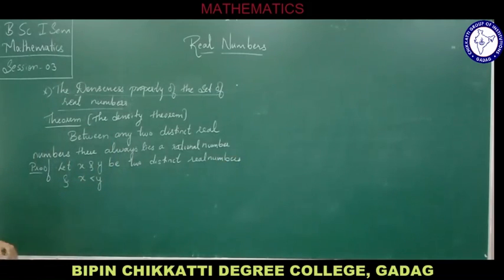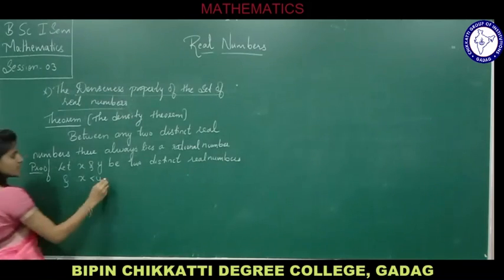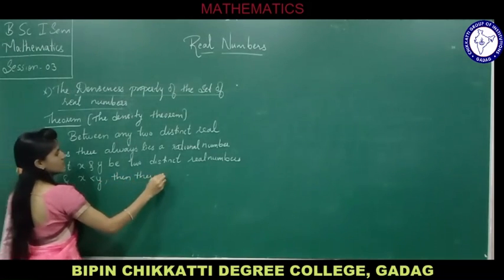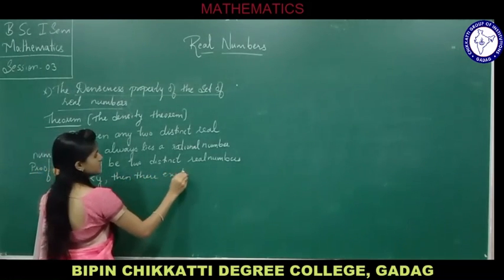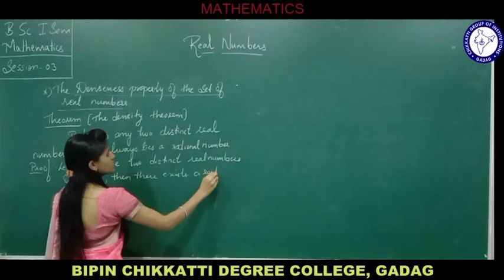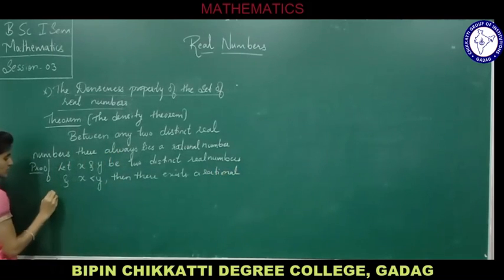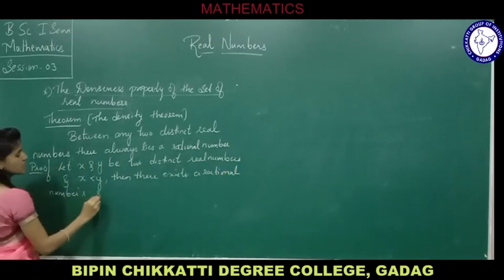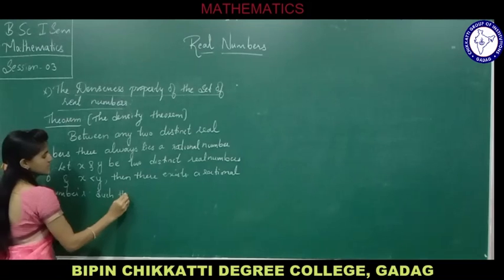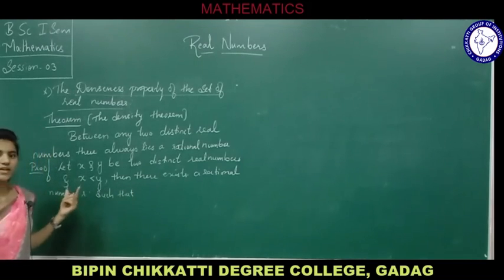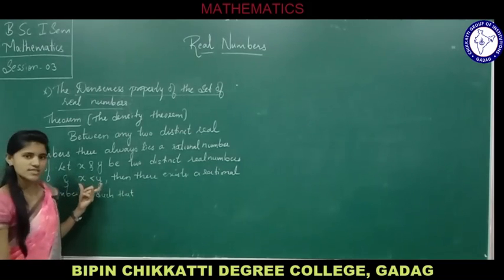Then there exists a rational number r such that this rational number r should be in between these two distinct real numbers.